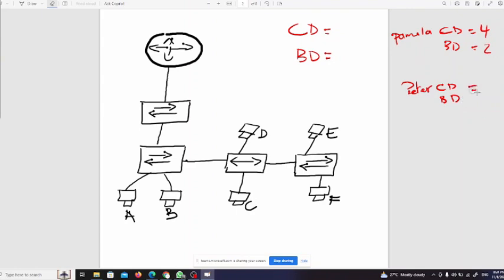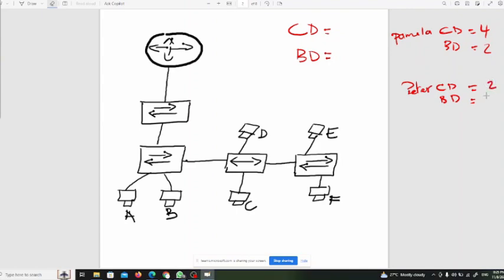Peter. How many collision domains? Collision domain 2, broadcast domain 3. Collision domain 2.